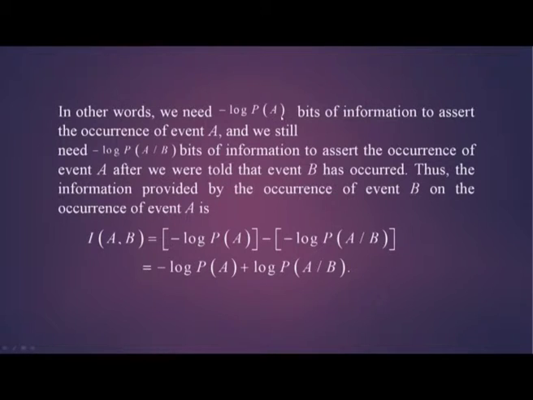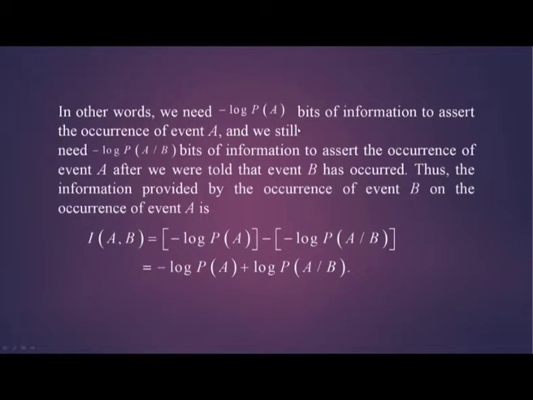In other words, we need minus log probability of A bits of information to assert the occurrence of event A, and we still need minus log probability of A given B bits of information to assert the occurrence of event A after we were told that event B has occurred.